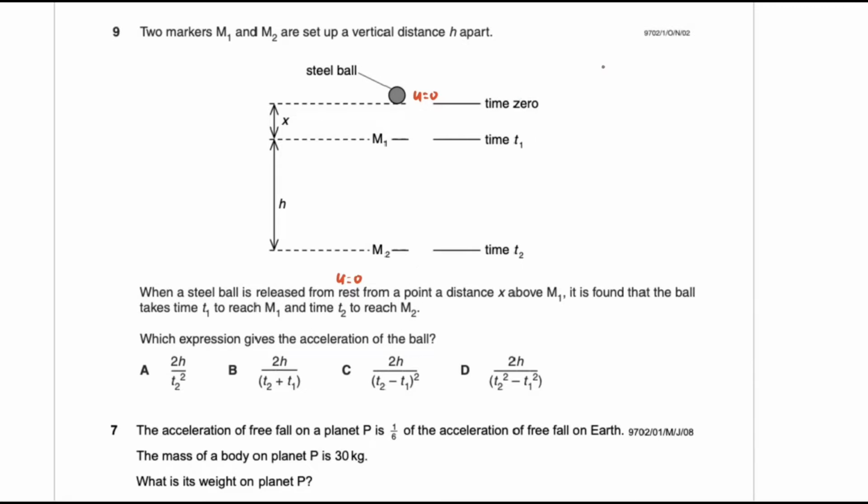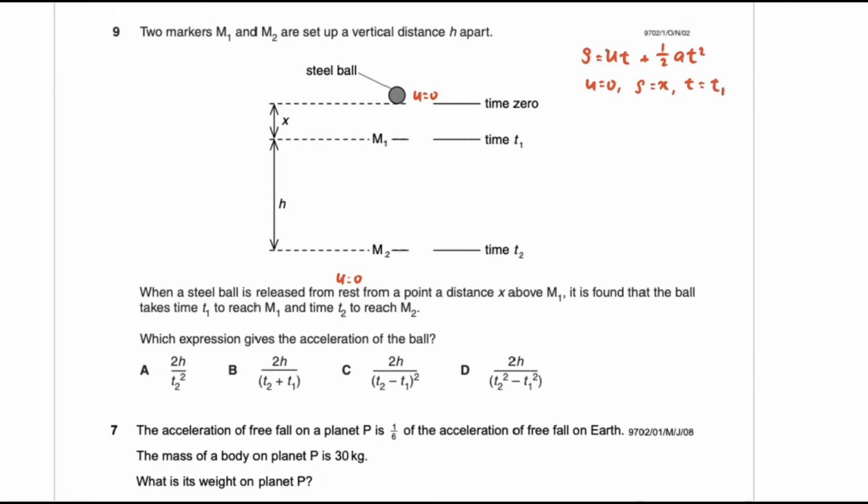Let us go through this. We use s equals ut plus half at squared. We know that u equals 0. Let's take the displacement at this part: x. The displacement is x, and the time is t1.